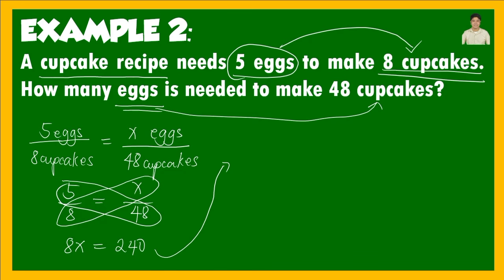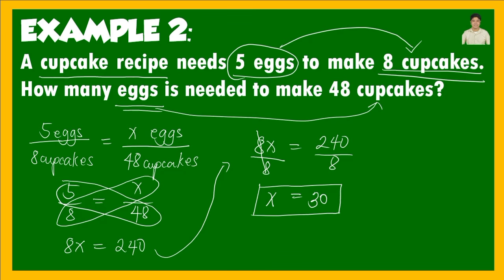So, next, i-rewrite natin. 8x equals 240. Para mawala yung 8 at x na lang matira, i-divide po natin both sides of the equation by 8. And then, makakancel yung 8. Matitira na lang po is x. And then, 240, i-divide po natin sa 8. The answer is 30. So, therefore, the value of x is 30.